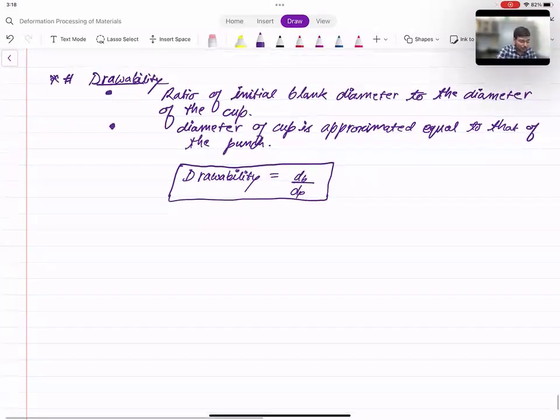So this gives us the relation between initial and final diameters of the sheet metal being used. This will provide us an idea about the limit of drawing which is carried out. This further extends to a new parameter known as limiting drawing ratio, which is the maximum value of this ratio that gives us the limit of drawability.